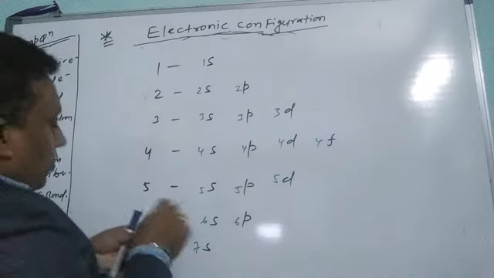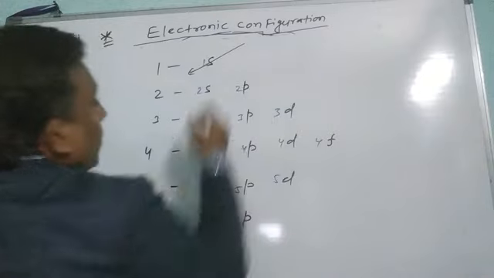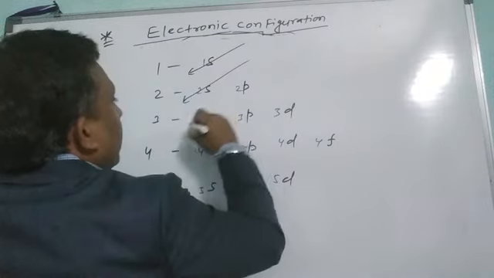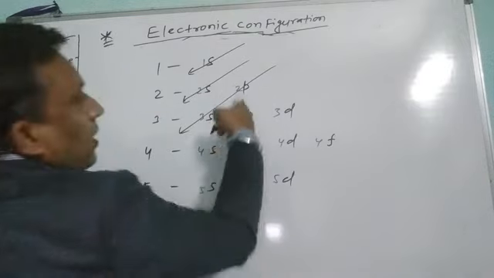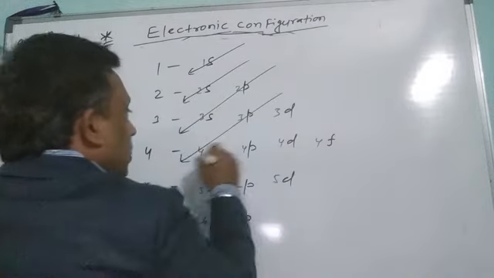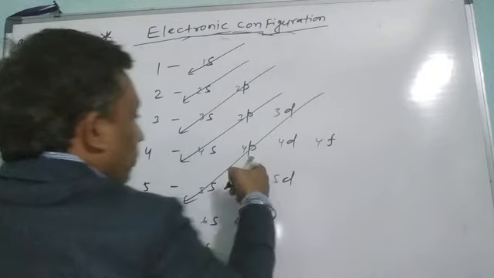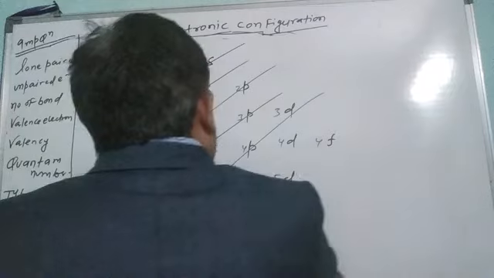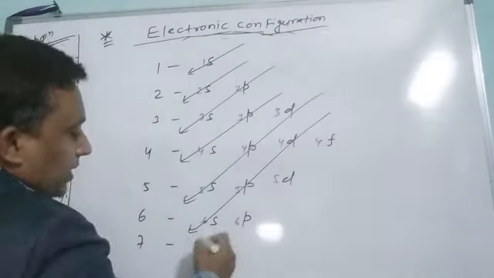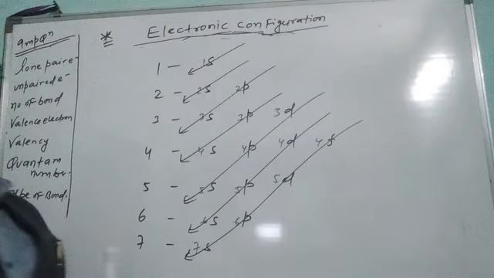Based on that, the electron goes first in 1s, then 2s, 2p, then 3s, 3p, then 4s, 3d, 4p, 5s, 4d, 5p, 6s, and so on.